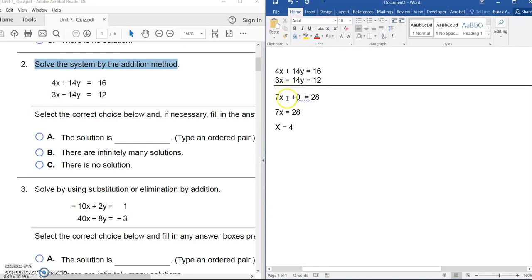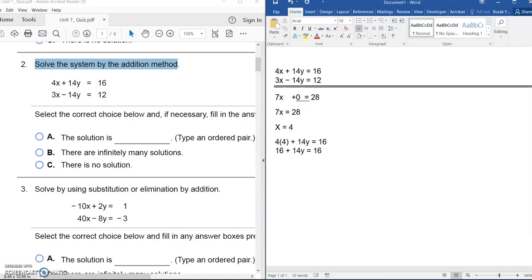So x is 4, what is y? Go back to your original equations and plug in x equals 4 in either one of these. Let me do it on the top equation here. So if x is 4, then I put x in parentheses and just replace it by 4. So that would give me 4 times 4 is 16 plus 14y equals 16.